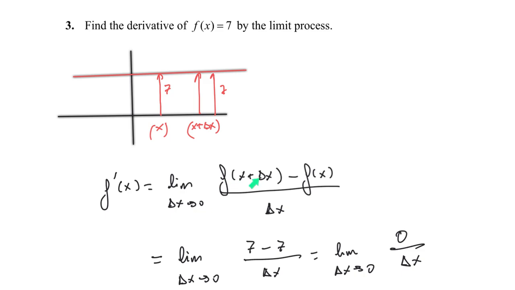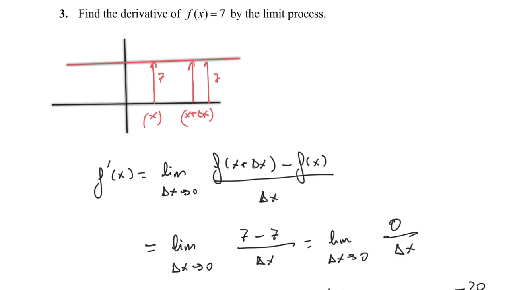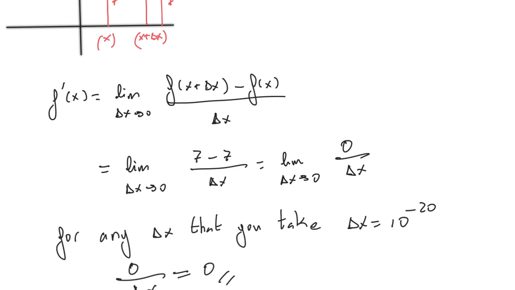So if I'm going to find the derivative, the slope, I will have in the numerator a 0. So 0 divided by something that is different than 0, because delta x is different than 0. Delta x approaches 0. 0 divided by delta x, when delta x approaches 0, this is 0.